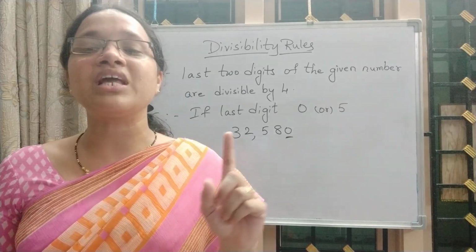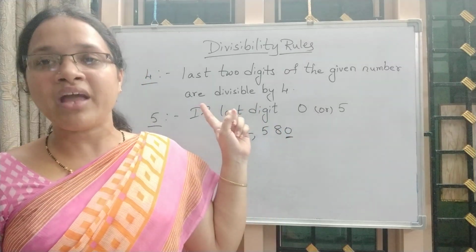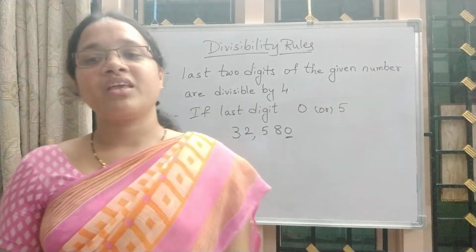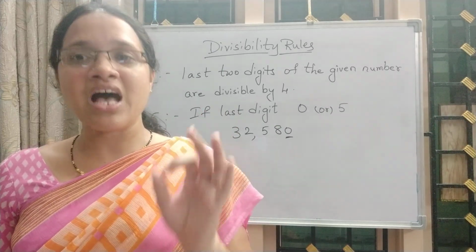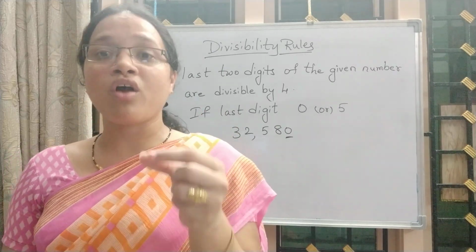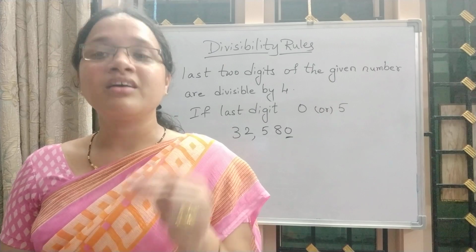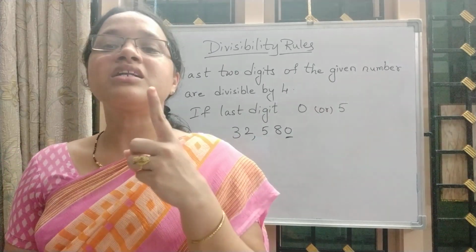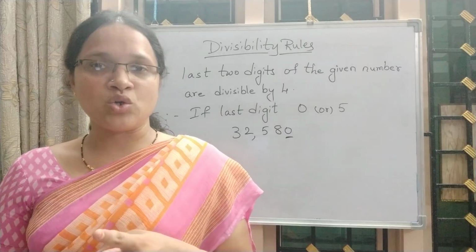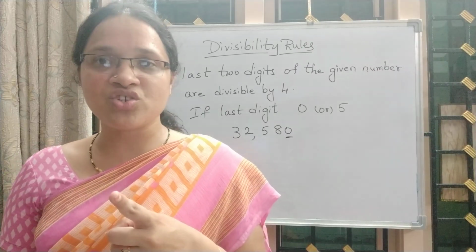Then the given number is divisible exactly by 4. Okay? And number 5. What is the divisibility rule of 5? If the last digit is 0 or 5, then the given number is said to be exactly and completely divisible by 5. So, did you understand the divisibility rules, children?